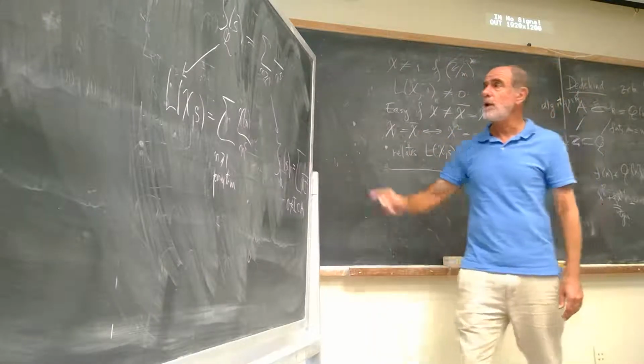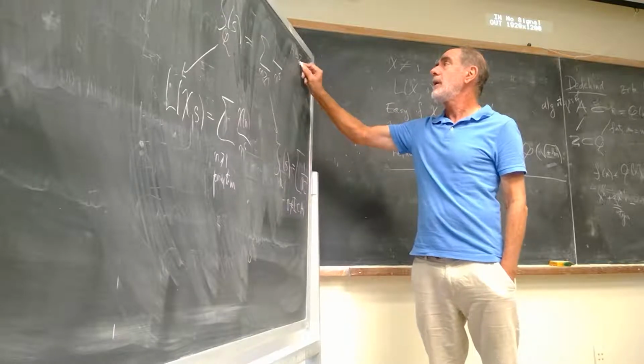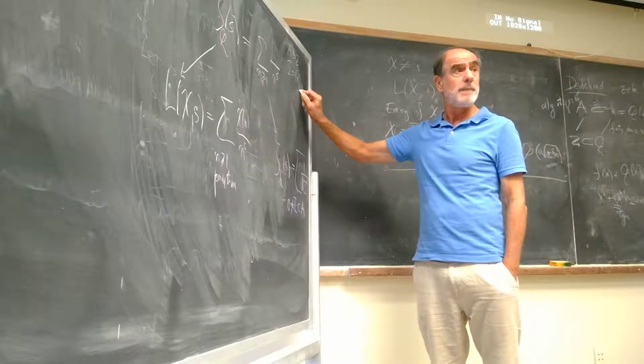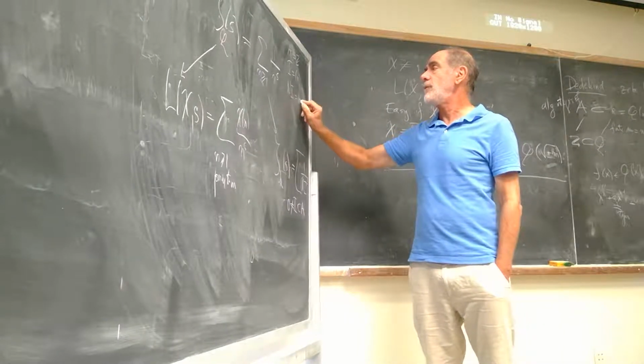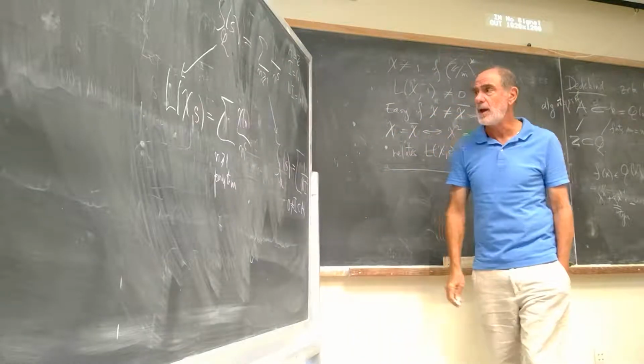And that's a generalization of this, because in this case, A is equal to the integers. Every ideal in this case happens to be principal, right? And the norm of I is just the absolute value of n. So I'm just summing over the positive integers, etc. Okay?